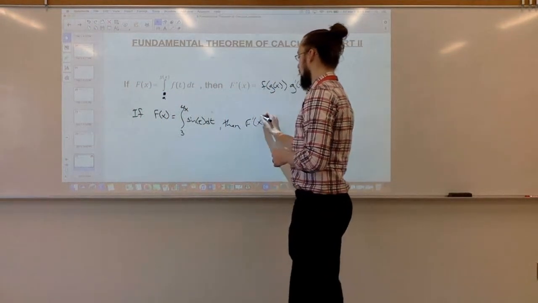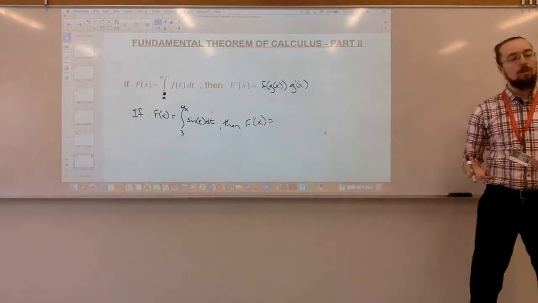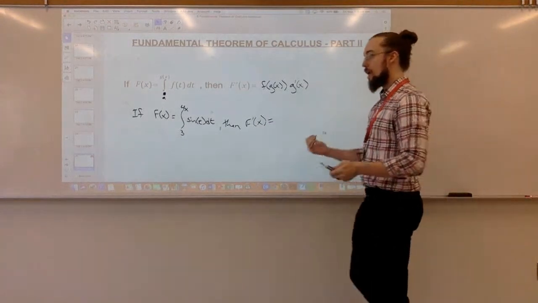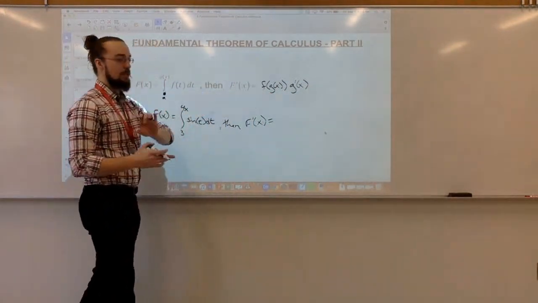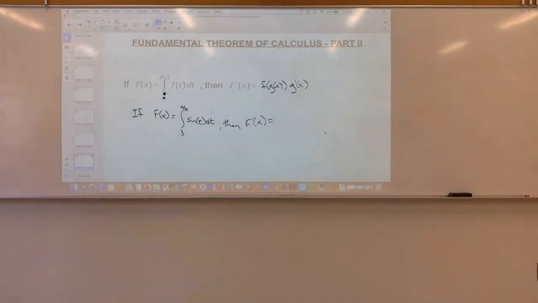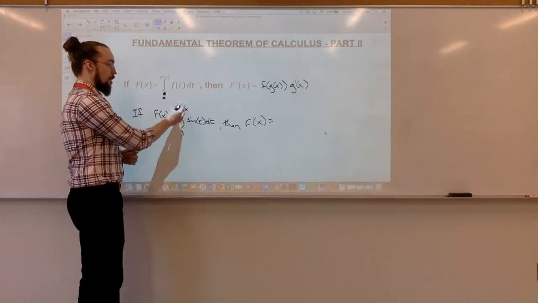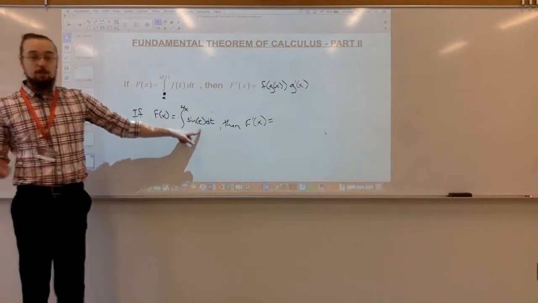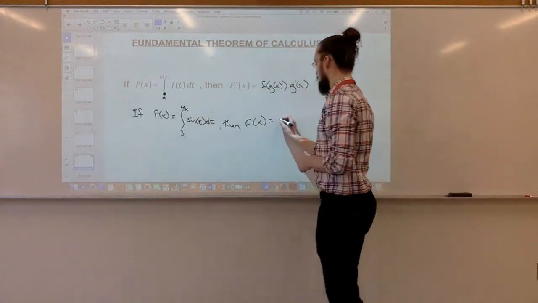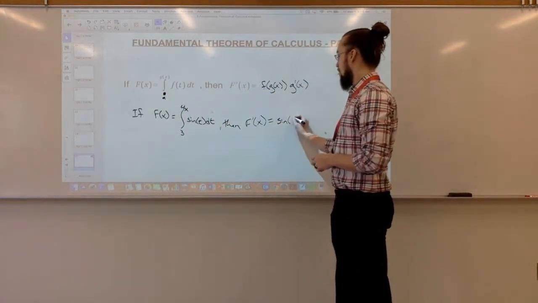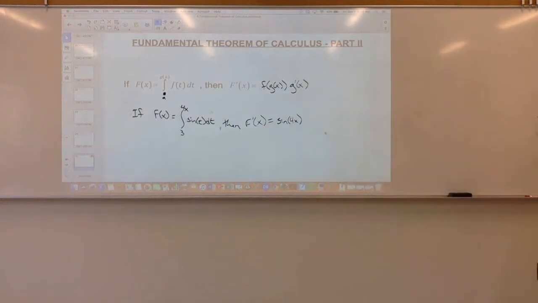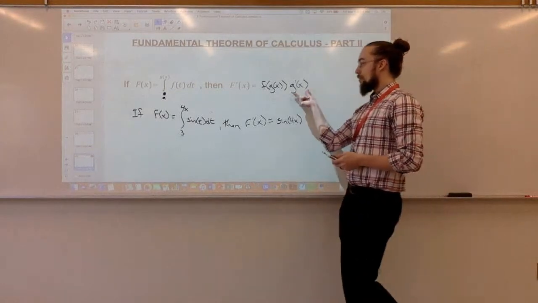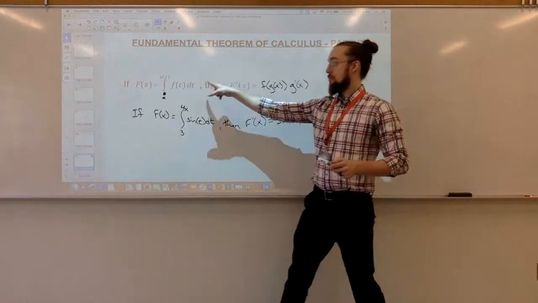Then f prime of x equals. So I don't need to go through that whole process that we just did. Now we can just use this formula. If I'm taking the derivative of an integral, all I need to do is take my upper bound here, plug it into my function. So this is sine of 4x times the derivative of this function.